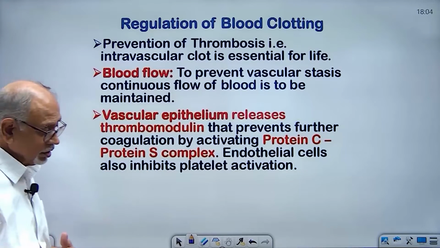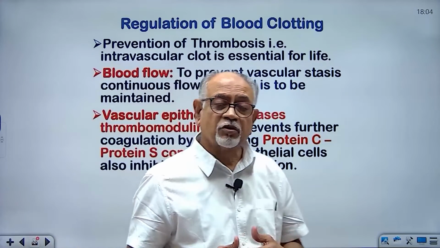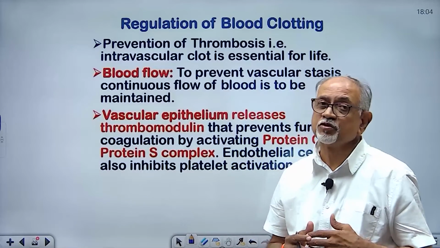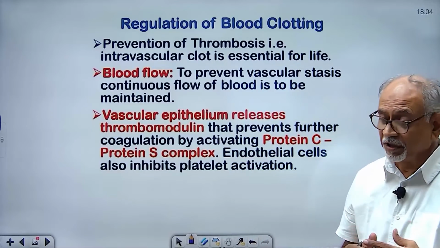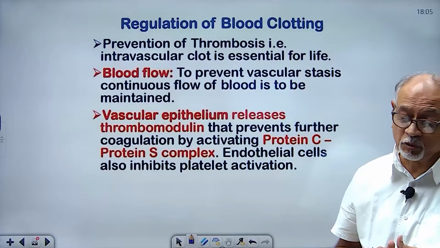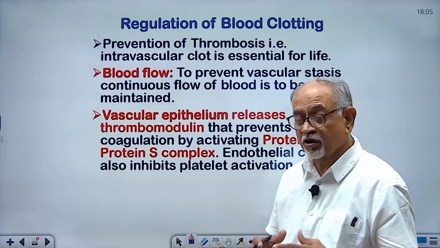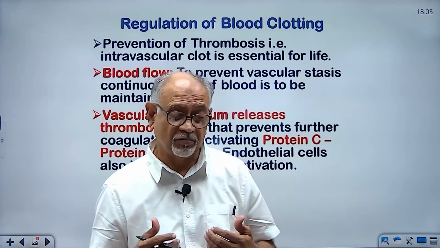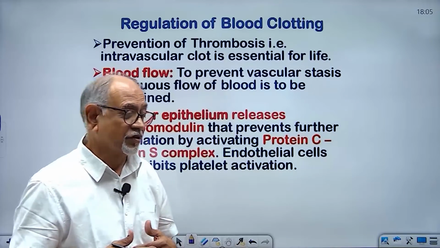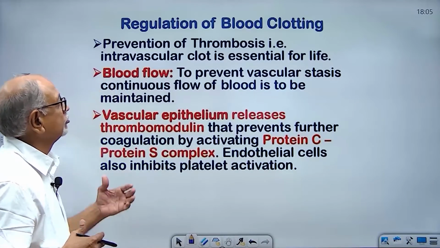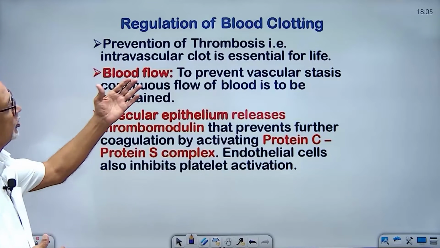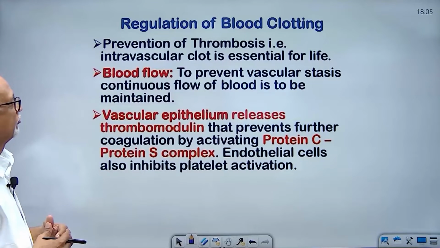Now, the blood coagulation process has to be prevented or regulated so as to check formation of any clot inside the blood vascular system. Such a clot is called thrombus, and this phenomenon is called thrombosis.